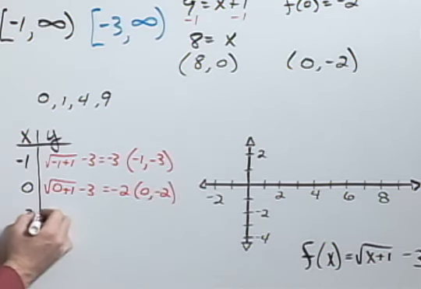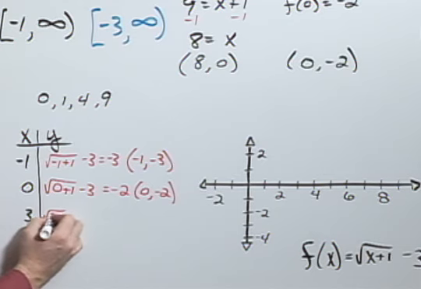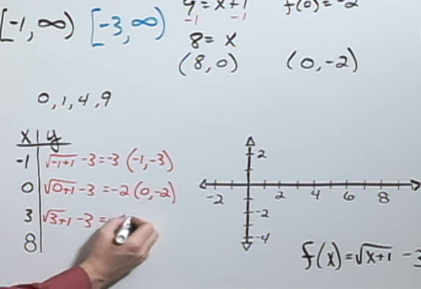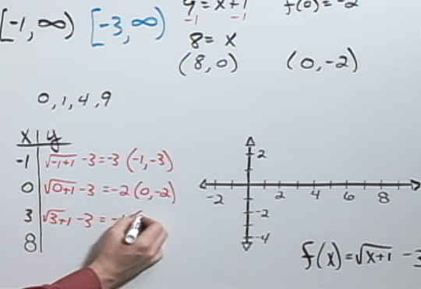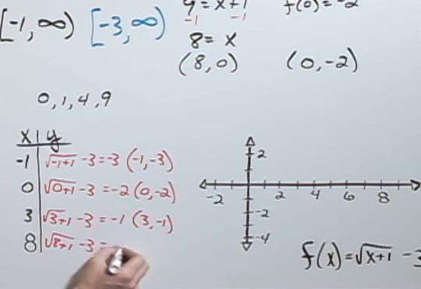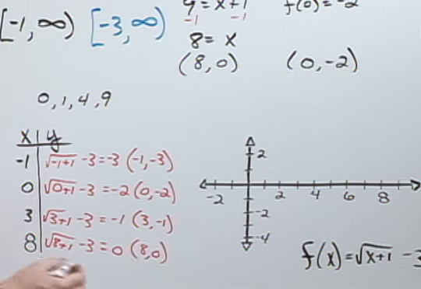If I put 3 into my function, I get the square root of 3 plus 1 minus 3, and that's going to equal negative 1. So I have the coordinate (3, negative 1). And finally 8, the square root of 8 plus 1 minus 3, that's going to be 0. So I have the coordinate (8, 0).